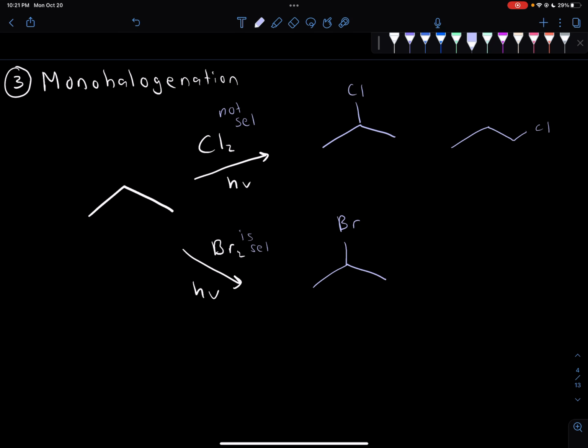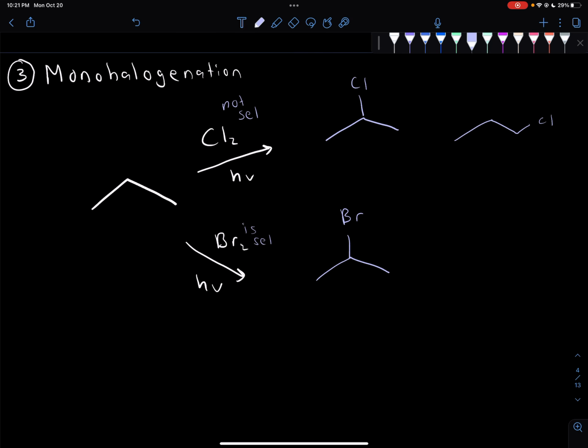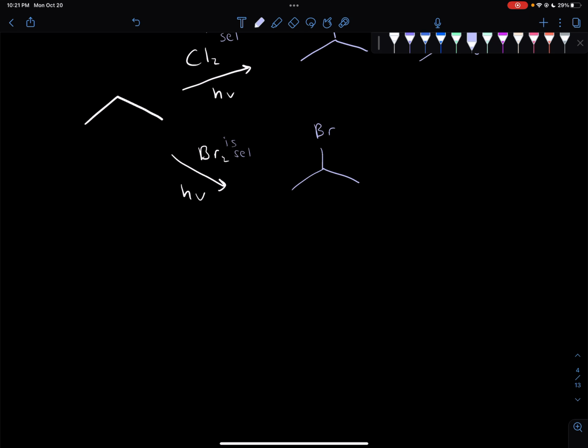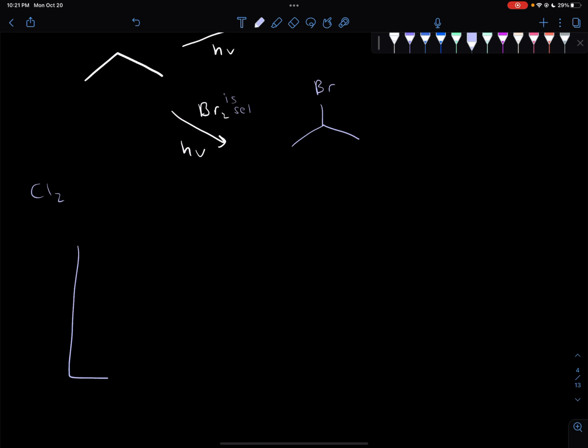Now, to be honest, if you know this, you're chilling. That's the most you need to know for your test. But it is possible they might ask you to identify a graph or explain the different features of the graph. So let's do that, and then I'm going to be a psychopath and explain everything in detail. So for monochlorination, your graph will look like this.